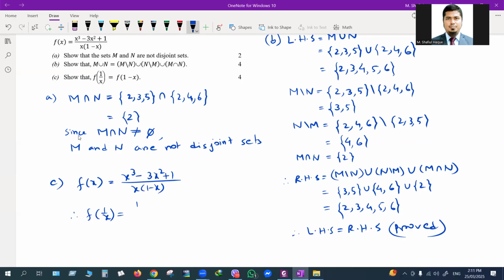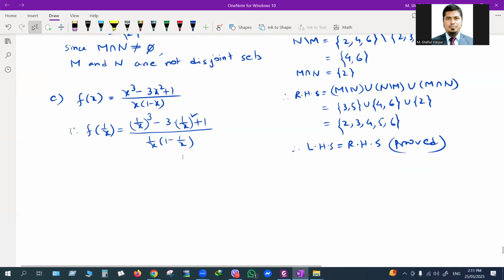For f of 1 by x: 1 by x whole cube minus 3 into 1 by x squared plus 1, divided by 1 by x into 1 by x minus 1. So we have replaced all x by 1 by x.